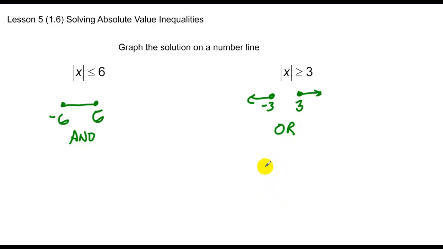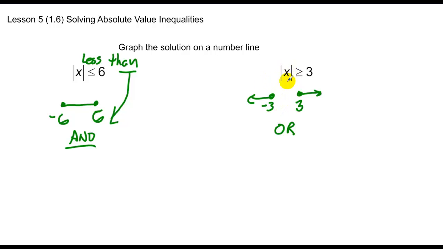Now, there's a way that I remember this. I take a look at the absolute value sign and the unknown, and I say the absolute value of the unknown is less than, and... it's a little bit of a stretch, but less than kind of sounds like "and."